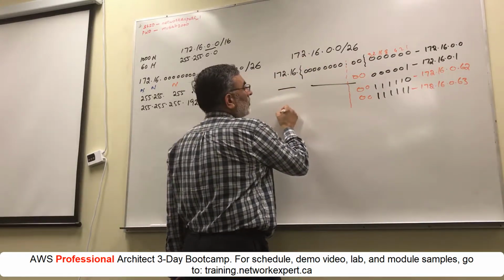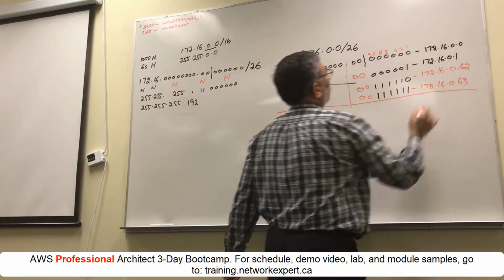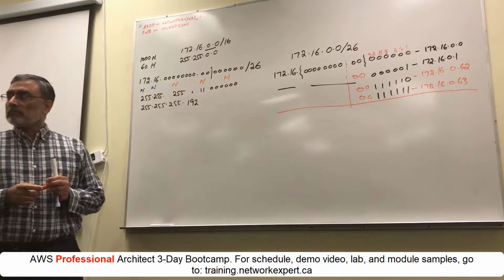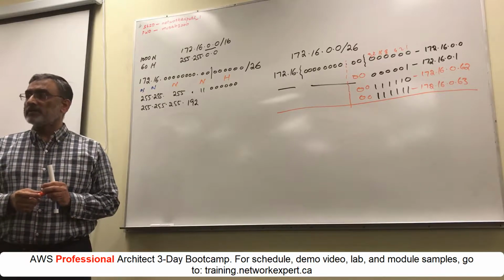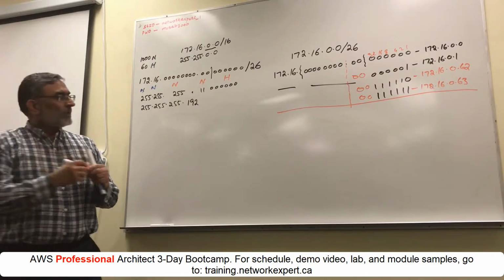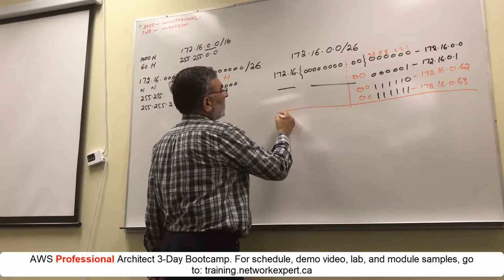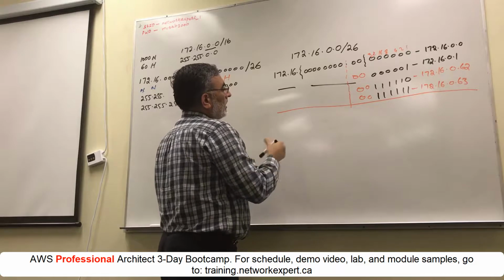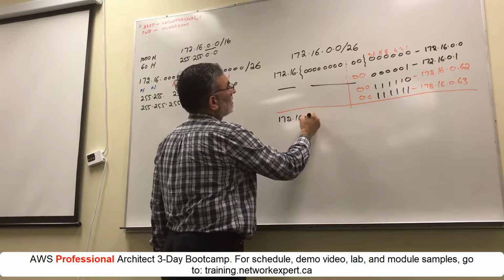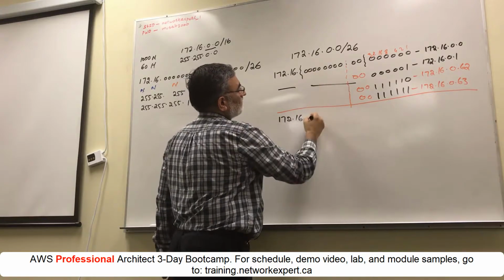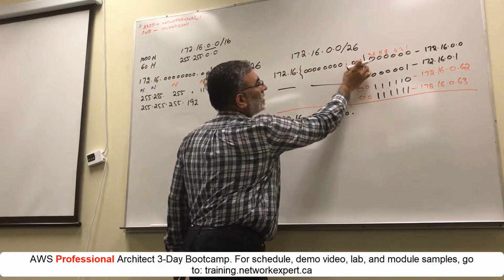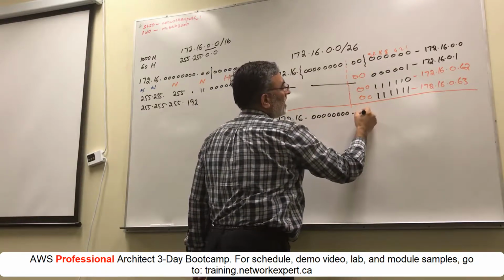I'm going to calculate the second subnet. 172.16.0.0 is the network address. So for the second subnet, 172.16 and these 2 bits are my network portion as well.